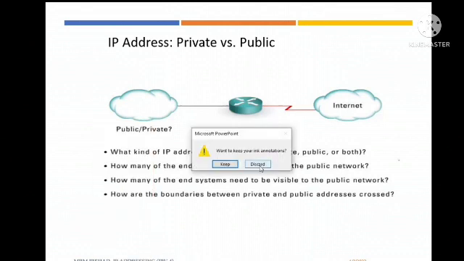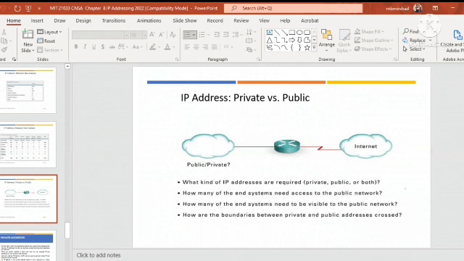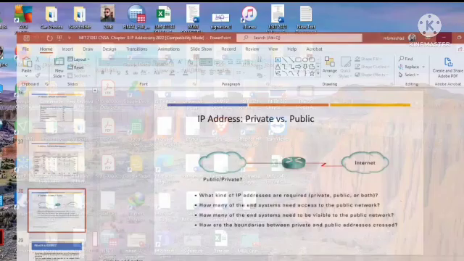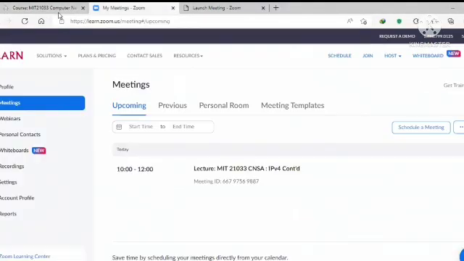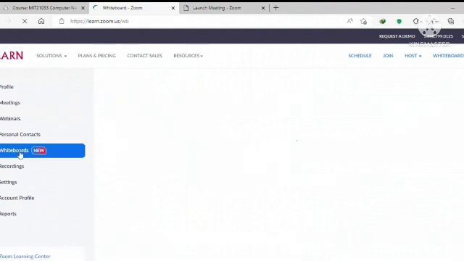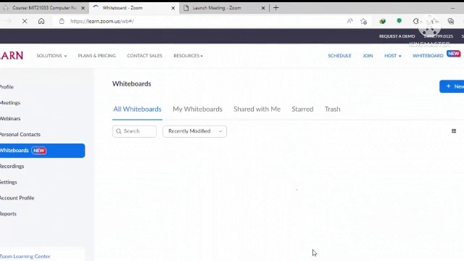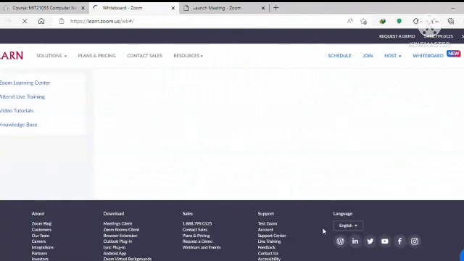I will explain what is public and private. I don't know whether I have explained this already. Have I explained this one before? No. Okay, but we discussed dynamic and static already. So let me show you the difference between the public and private IP.